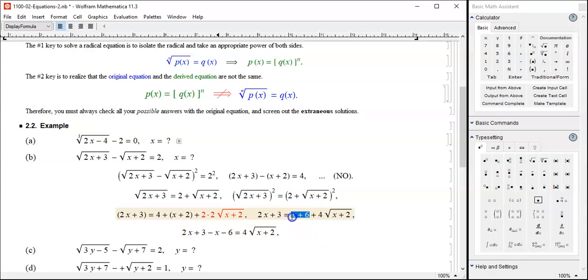Please note that I flipped this to the other side, and then that part stays. Alright, still going. X minus 3, because 2x minus x, 3 minus 6, and that's equal to 4 square root of x plus 2. And finally, I'm ready to take the square of both sides.